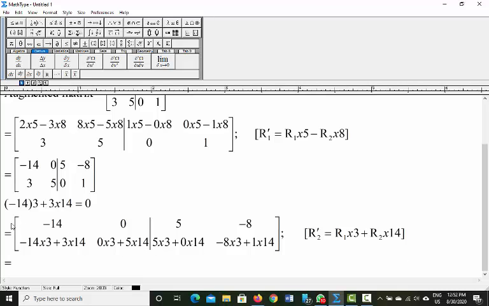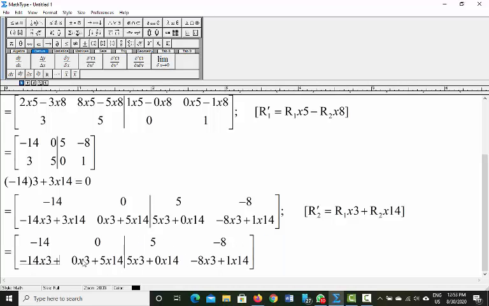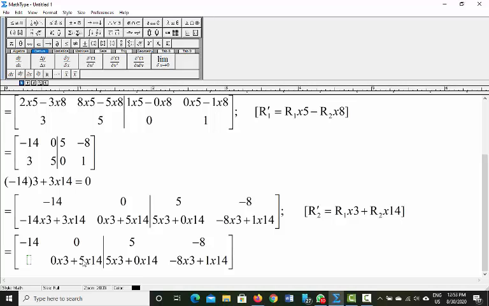Now let us simplify. Obviously this one is 0. This one is also 0. 0 multiplied by something is 0. So 5 multiplied by 14 is 70.